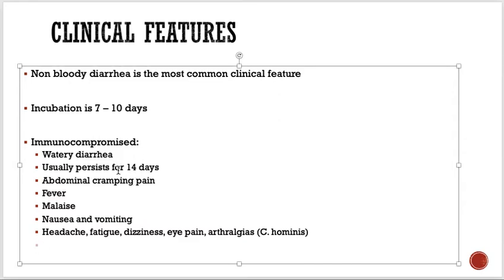But in the developing world, due to this diarrhea, the children may die because of dehydration. So now, this condition has two major importances. One is in the normal people, and what will happen in the immunocompromised people.